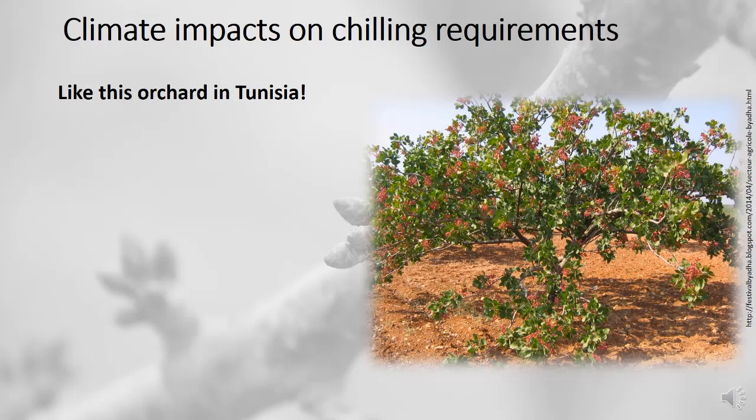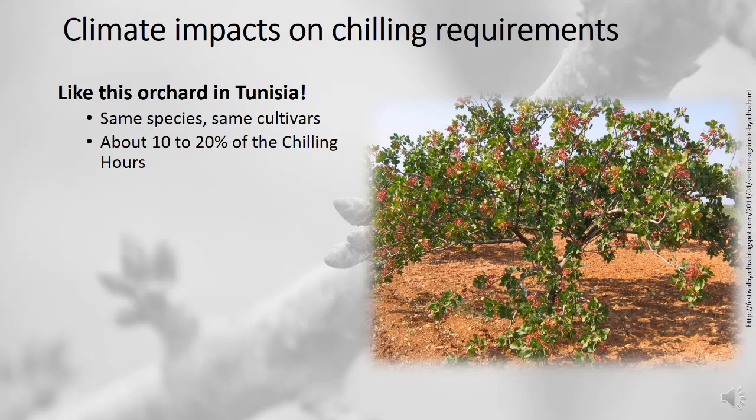This is the same cultivar that these estimates from Iran and Turkey were for. It's the same species, same cultivar, but only gets about 10 to 20% of the chilling hours that have been published as the chill requirement of the cultivar. These pistachios are doing all right. Maybe you don't know so much about pistachio trees, but this looks like a fairly productive tree to me.